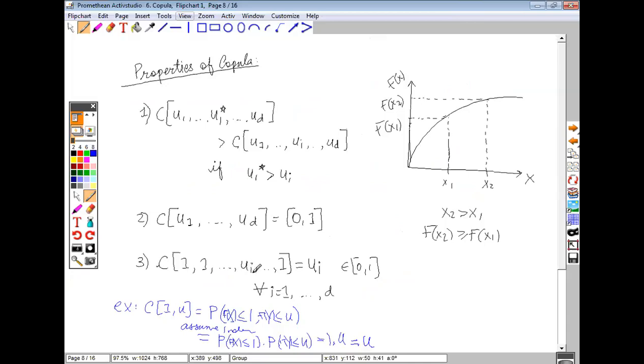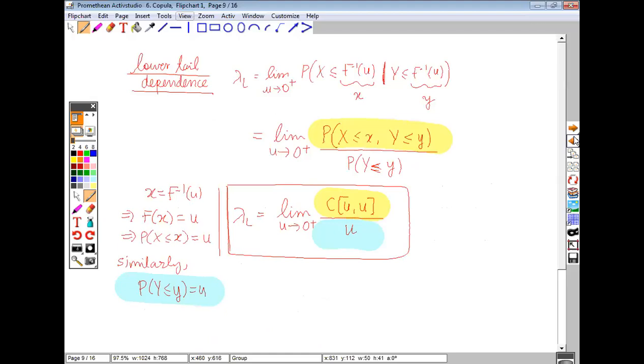Because we had only u and the rest of the other guys were 1, you get u here. And again, if you look at the independence copula that we derived in the case of fundamental copulas, what would this value be? 1 times u, right? Which is just u. So it does satisfy the other property as well.